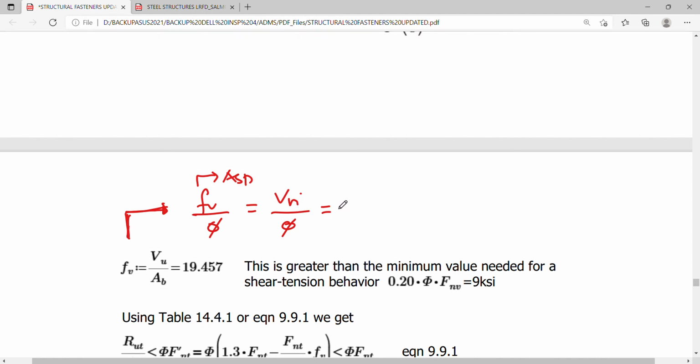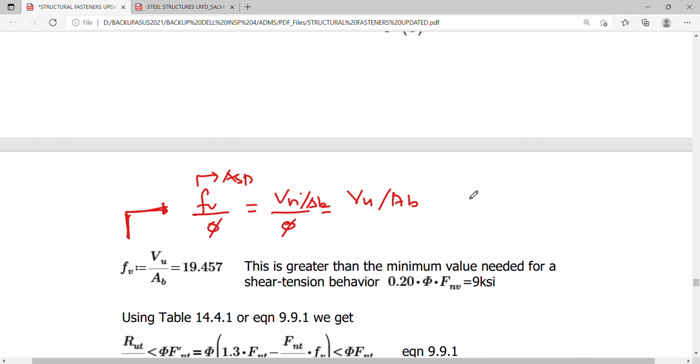So we can actually ignore the phi here. Instead of having a Vn there, we simply get a Vu here. Of course, this must be divided by the AB factor there to consider.